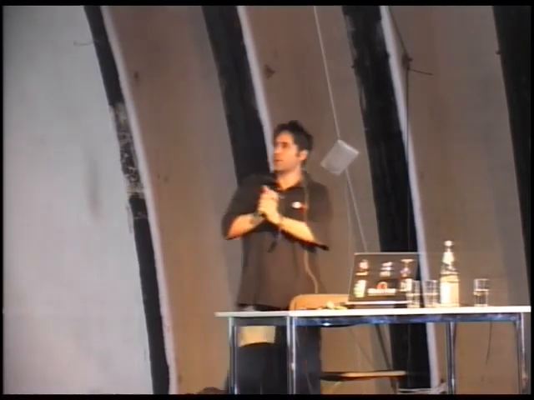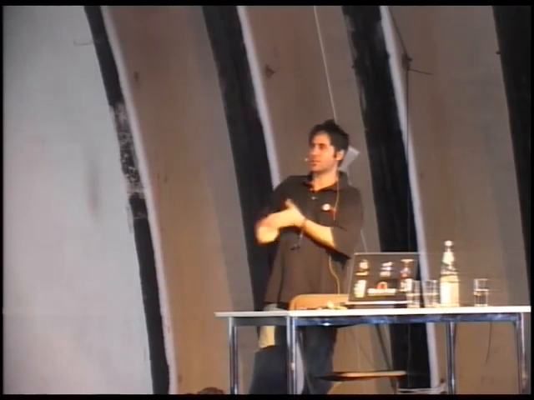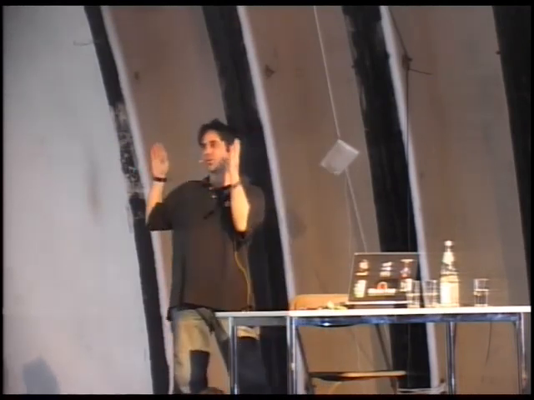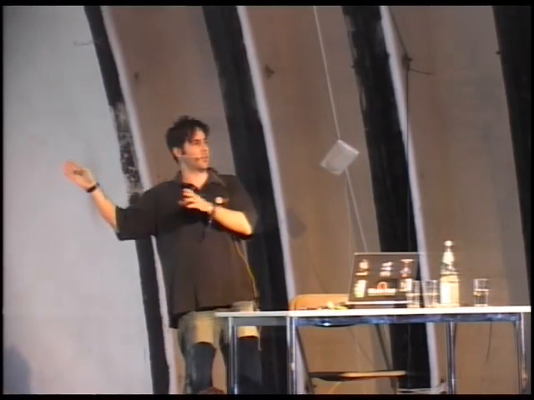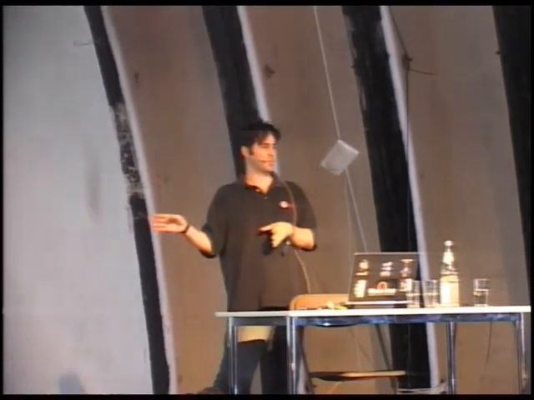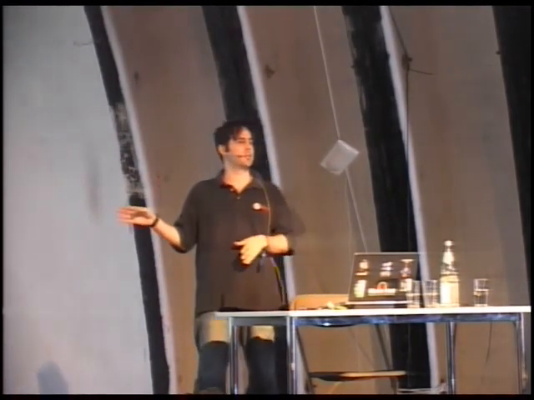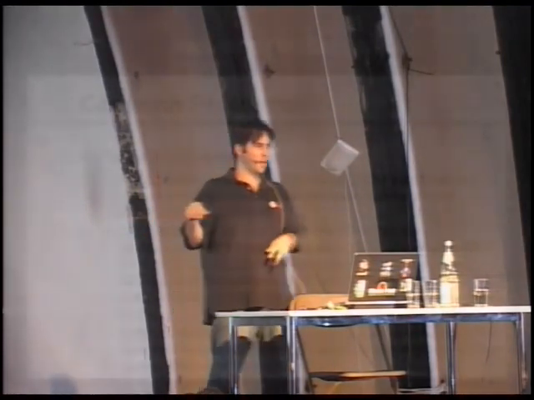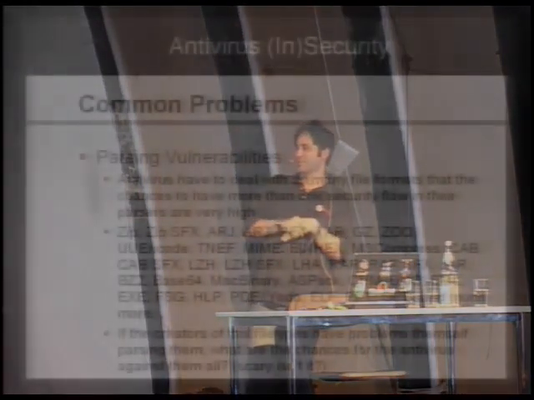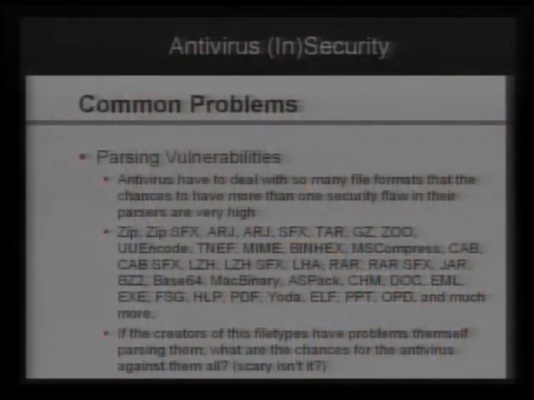which could be the main topic today: what is our main entrance from the outside? It's just sending some kind of file. So, basically, I see a lot of different file formats that an antivirus has to deal with.